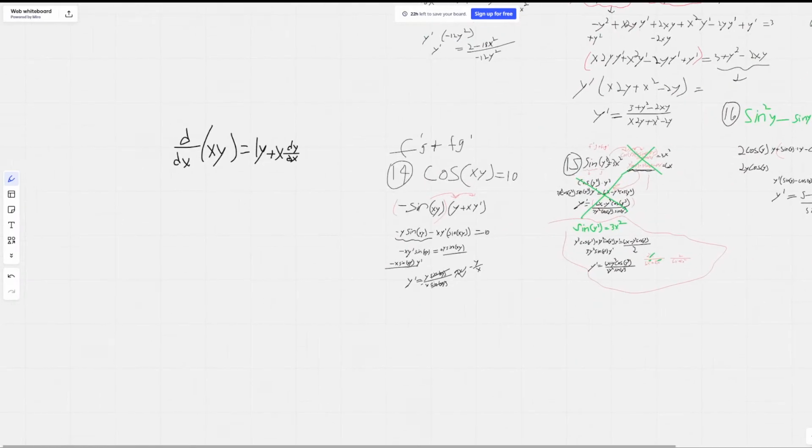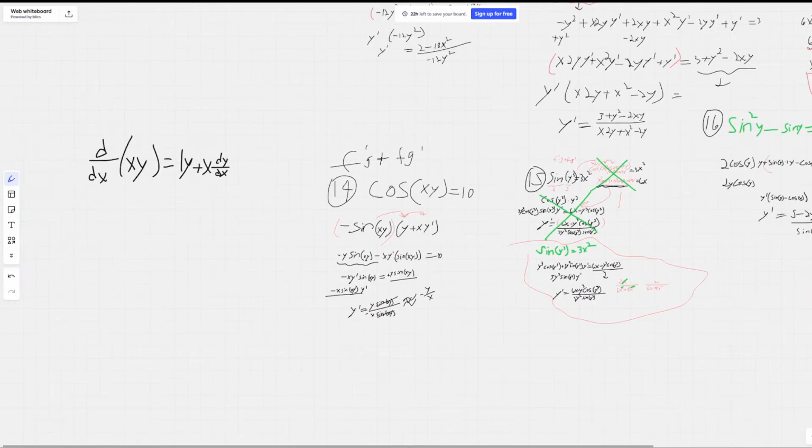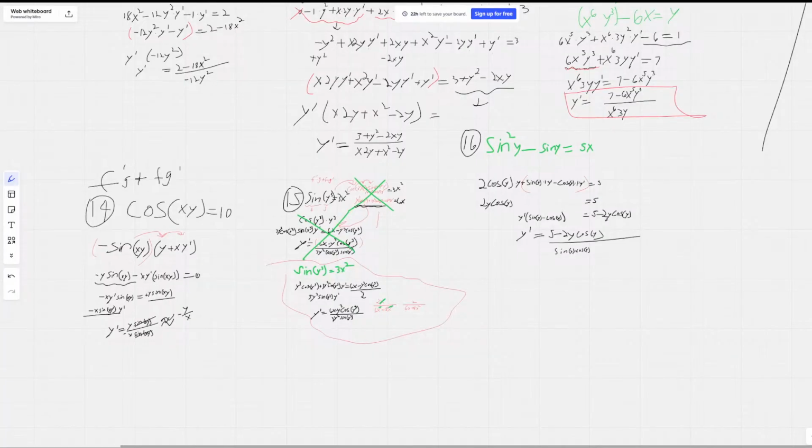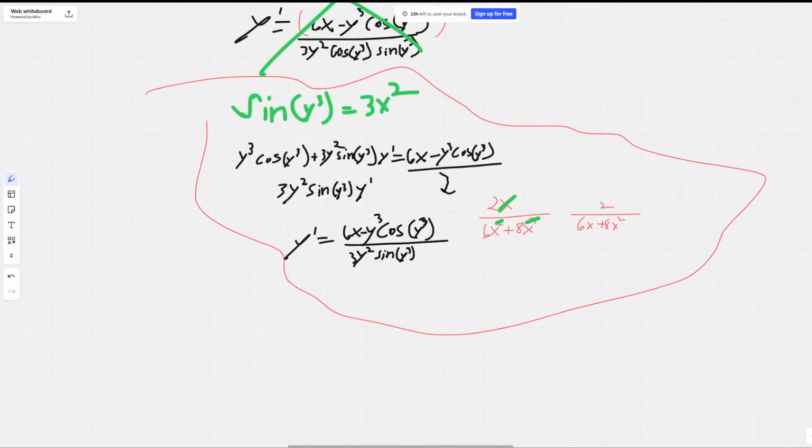That's unfortunate. 14, I went that way, and that's why I messed up then.